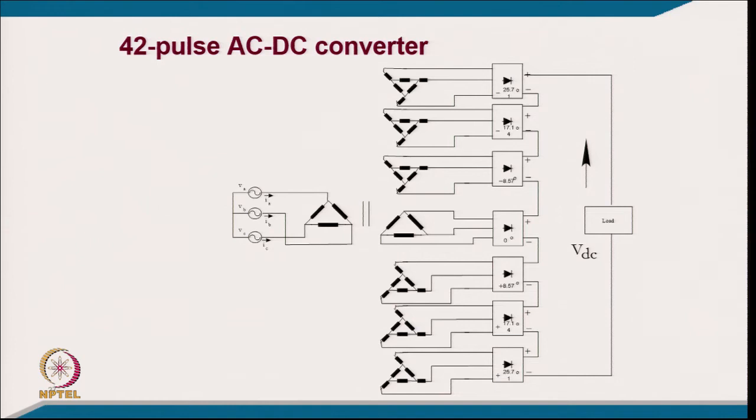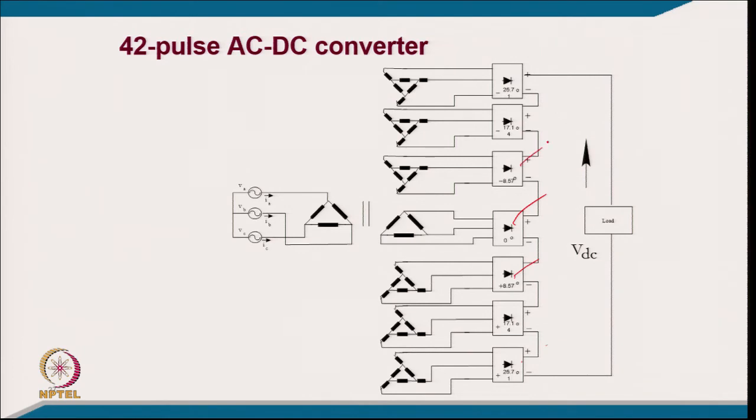Then we have a 42 pulse converter. It has 7 converters of 6 pulse, and 60 by 7 means you will require a phase shift of typically 8.57 degrees. You can see here 0, plus 8.57, then 17.14, then 25.71.